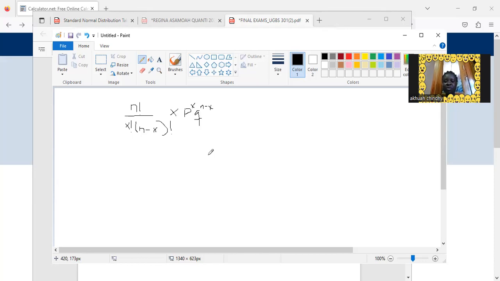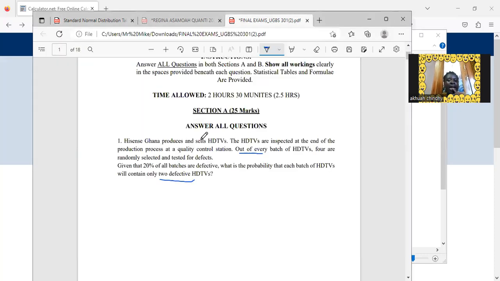So in our question, let's go back to the question. It says that Hisense produces and sells HDTVs. The HDTVs are inspected at the end of the production process at a quality control station. Out of every batch of HDTVs, 4 are randomly selected and tested for defects.